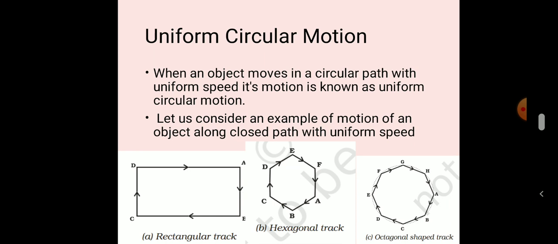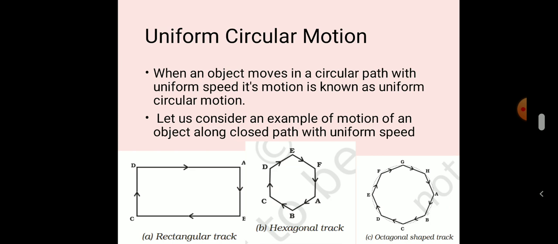The change in the velocity could be due to a change in its magnitude or a change in its direction of motion or both. Now, we'll understand uniform circular motion through one example. Before that, tell me, can you think of an example when an object does not change its magnitude of velocity but only its direction of motion?